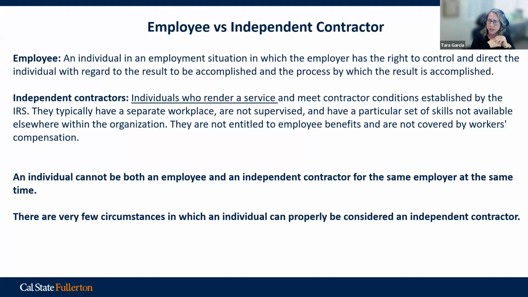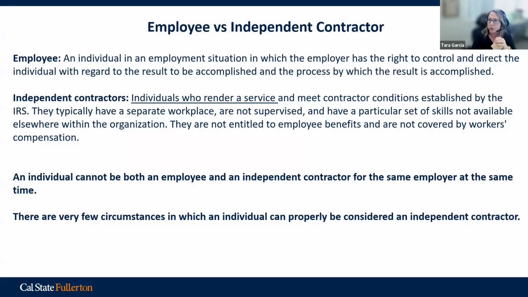And then an independent contractor is an individual who renders a service to us where they typically have their own workspace, they have their own materials. We let them know what we want and they give us a deliverable. So they have a scope that they're working with, but they're at their own pace to do it. They can hire other individuals to do it along with them.